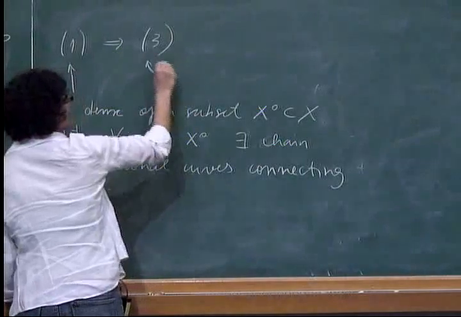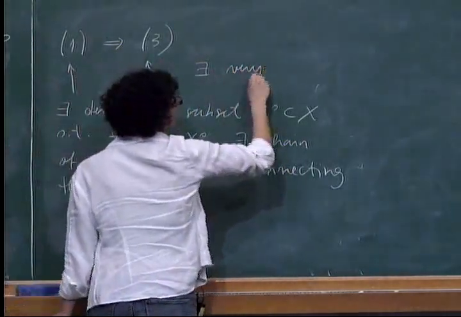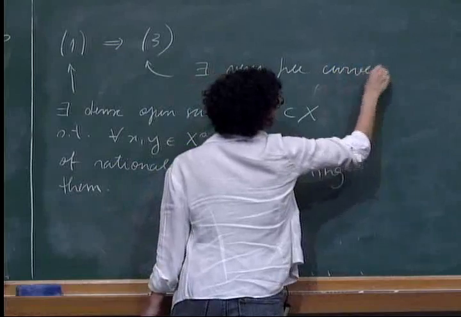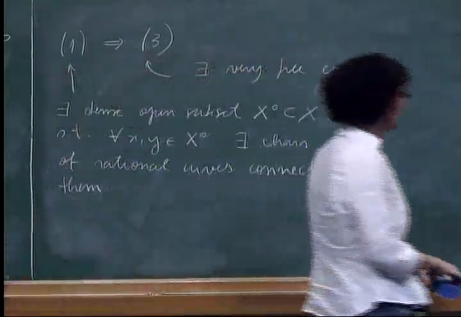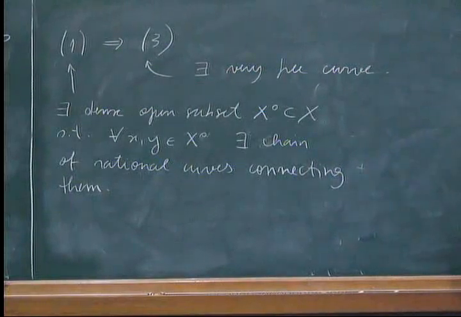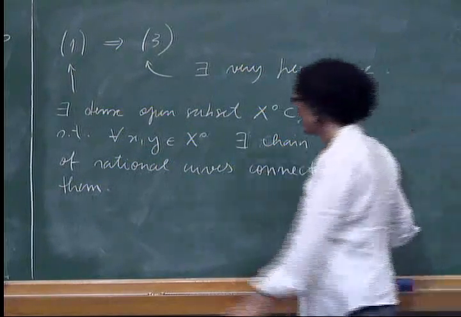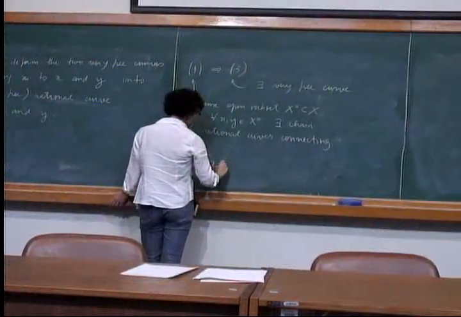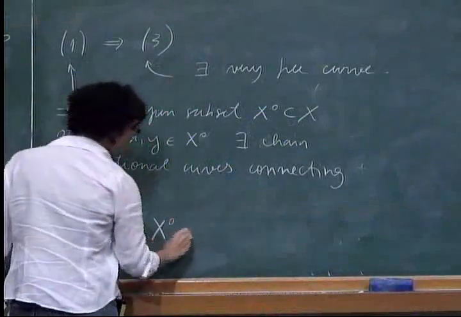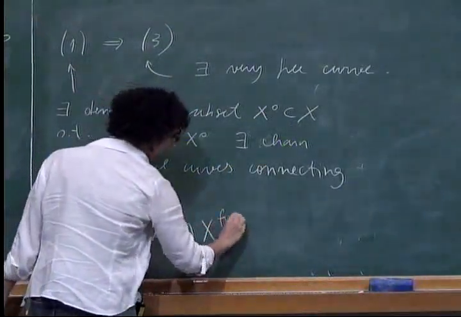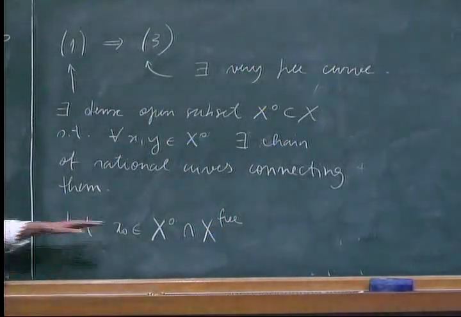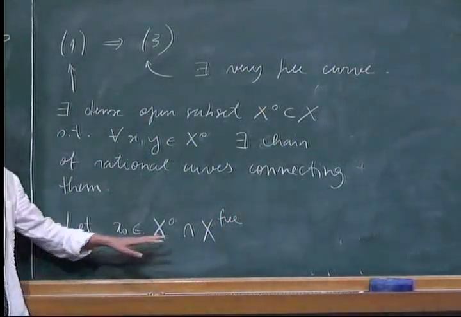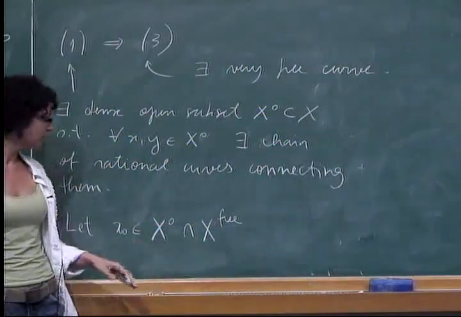And 3 said there exists a very free curve. And the proof is, in a sense, very similar. So we start with a point x naught in X naught intersection F free. Such a point exists because we are over the complex numbers, so we have a dense open subset and a dense subset.